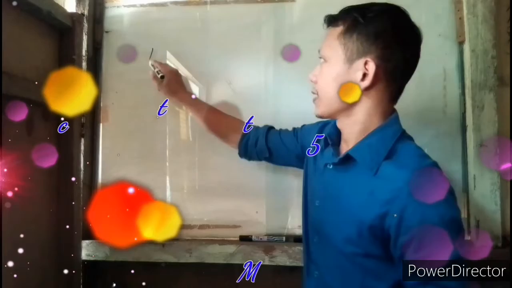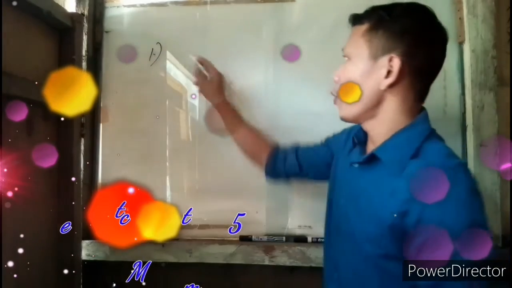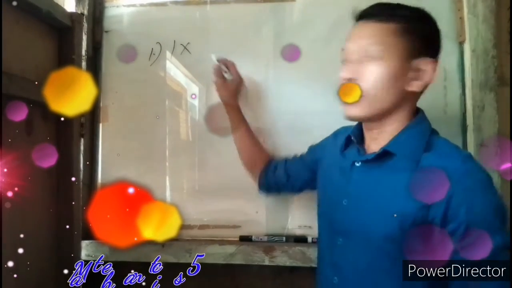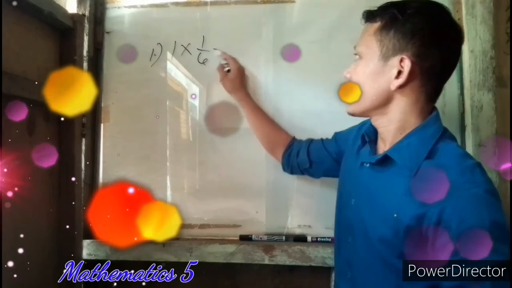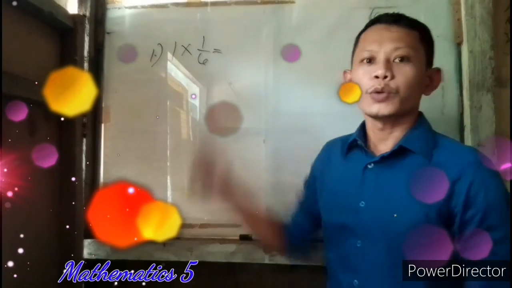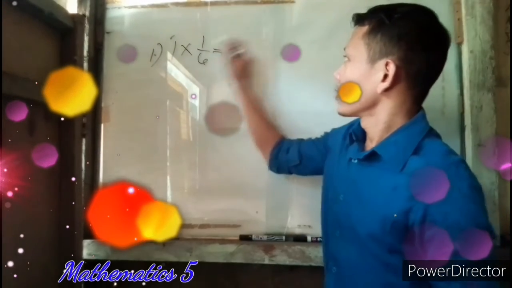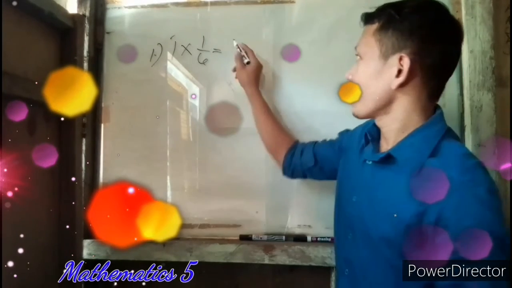Number 1, we have 1 times 1/6. We are going to rewrite this.